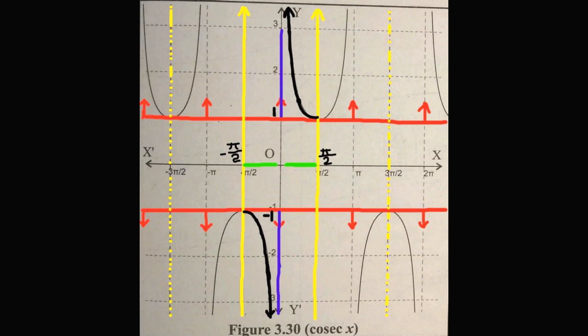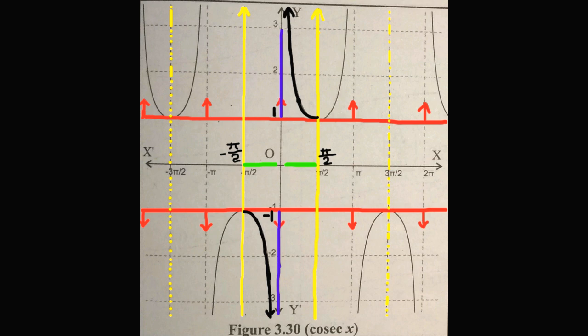The next property, as shown by black colored line, the graph of cosecant function is decreasing in the closed interval -pi/2 to pi/2 except 0. It is increasing in the closed interval pi/2 to 3pi/2 except pi.